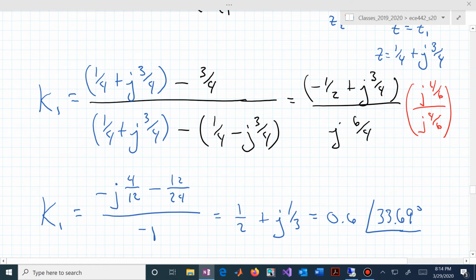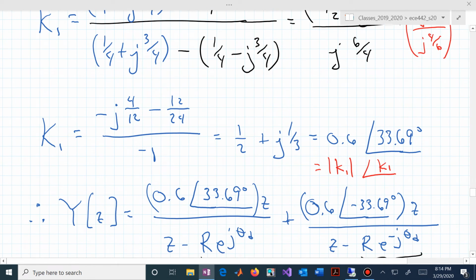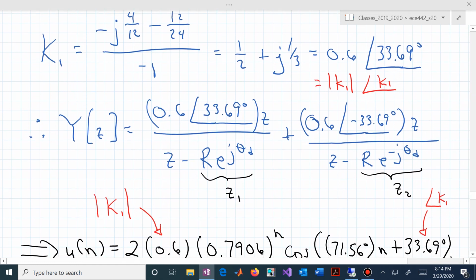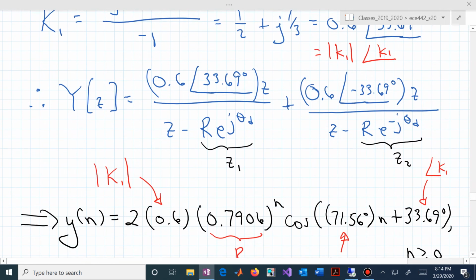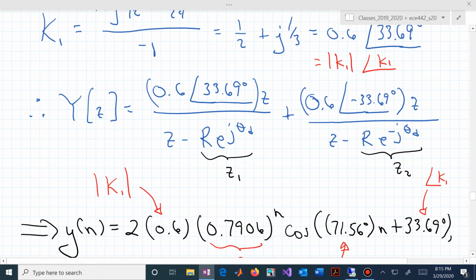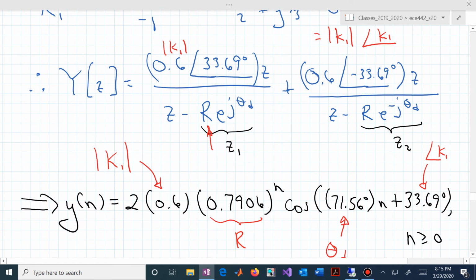You can write that in polar form, because now this is the magnitude of k1 and this is the angle of k1. We can now plug that into our partial fraction expansion. Inverse Laplace or inverse Z transform of both of those terms gives y of n as 2 times the magnitude of k1, r to the n, that's associated with the poles, cosine of theta sub d n plus the angle of k1, which is 33.69.